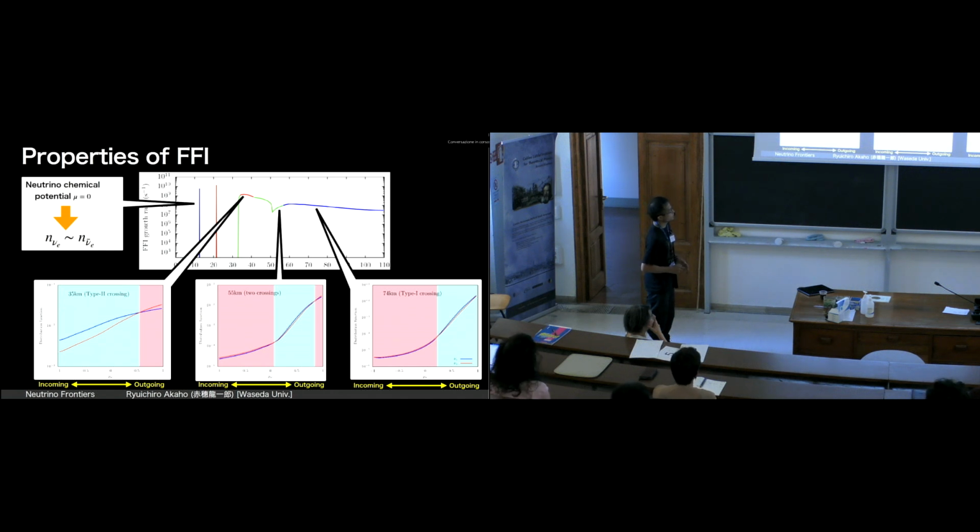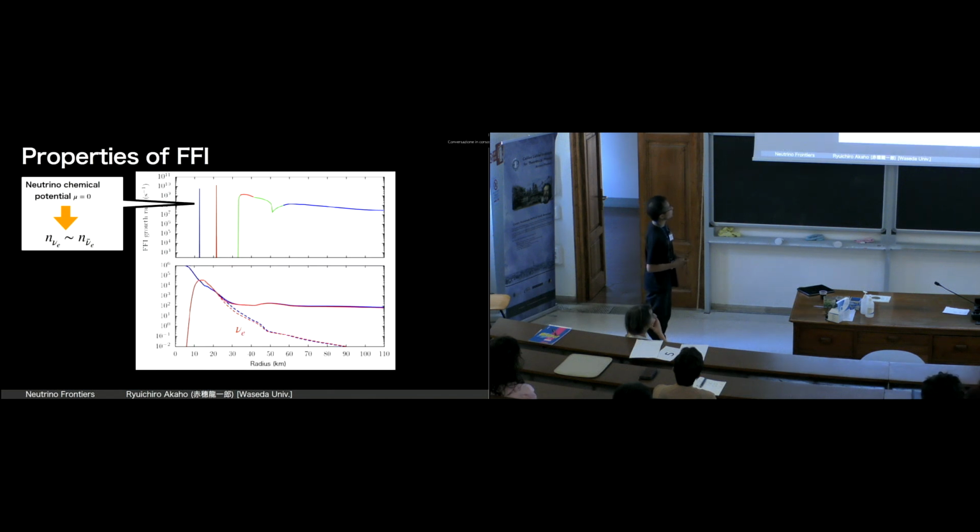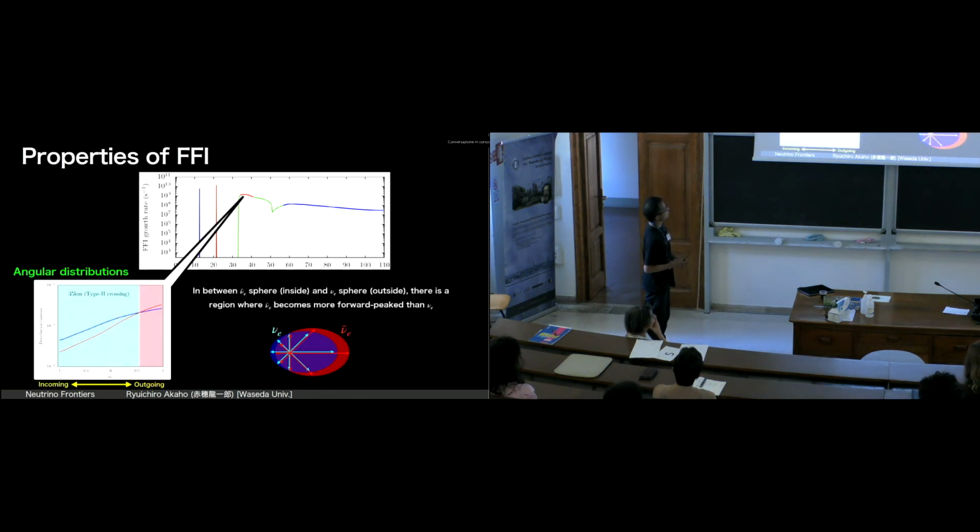So, for example, in this case, we observed several angular crossing points. And this explains the origin of the crossing. For example, this type 2 crossing was caused in between the neutrinosphere of the electron type and anti-electron type neutrinos.